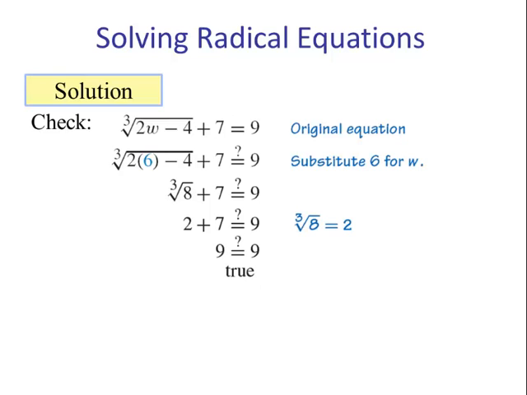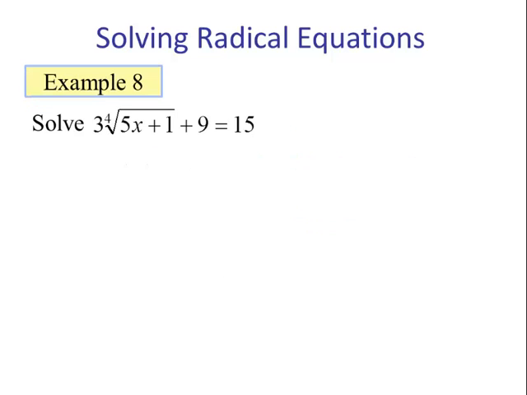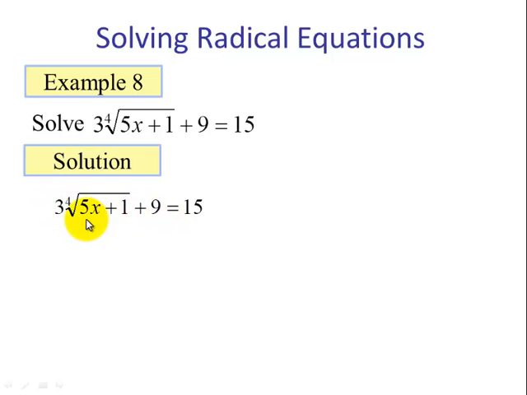Let's do another example. Example 8. Solve 3 times the fourth root of 5x plus 1 plus 9 equals 15. Solution: again, when we're solving equations, we want to follow the order of operations in reverse.